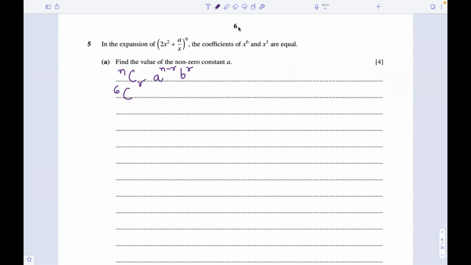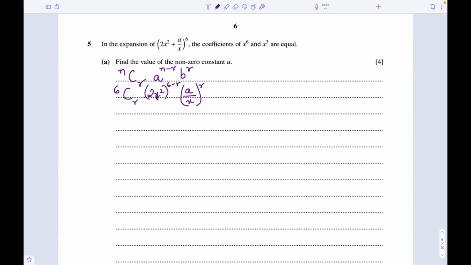To get the coefficient of x power 6, we don't know what the value of r is, so we can just write r as it is. a is 2x square, so 2x square will come over here. n is 6, so we write 6 minus r, and b is a upon x to the power r.